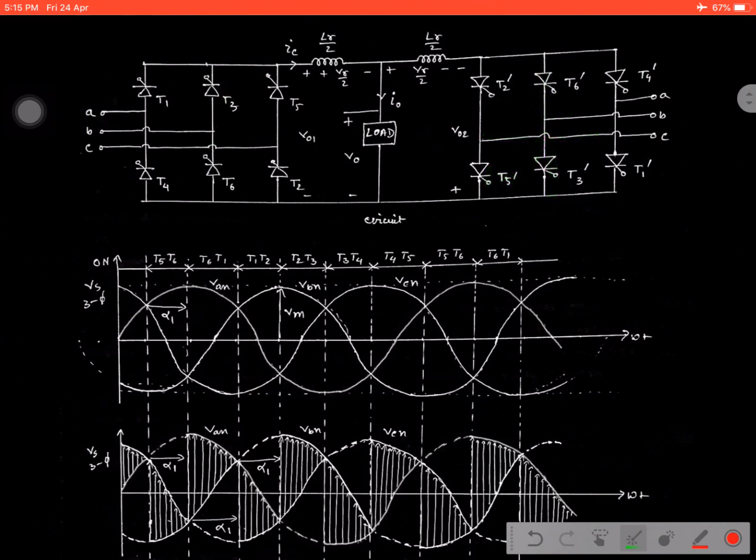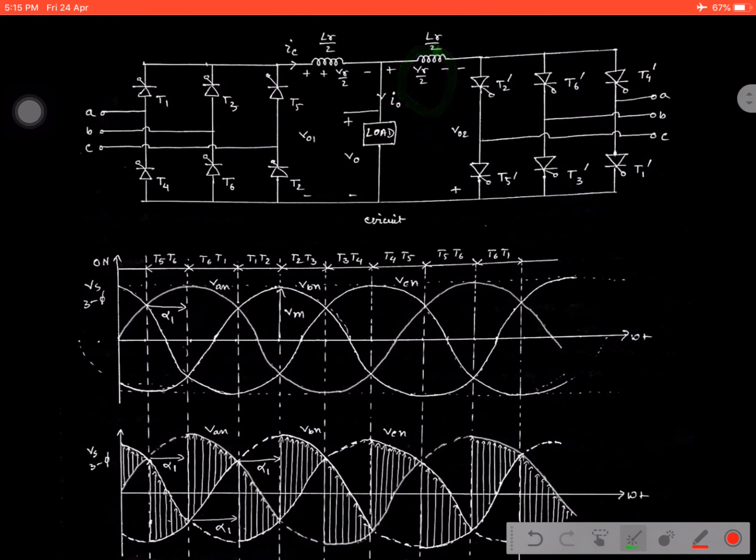That means both converters are connected back to back, and the load is a highly inductive load, with a reactor. The reactor is split into two equal parts, LR by 2 each, so the voltage appearing across each inductor is VR by 2, and both are the same.